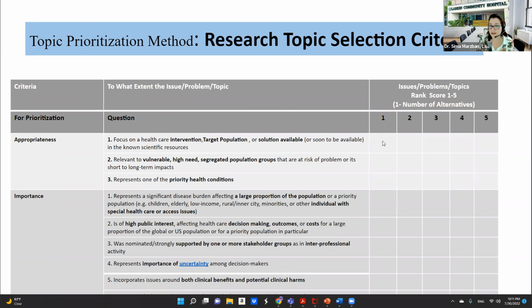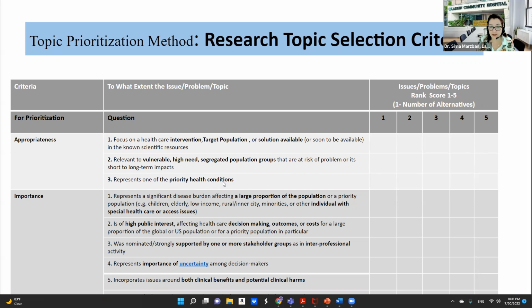If it replies with minimal information or importance, put 1. If it responds to these areas with the maximum potential, put 5. If it is relevant to a vulnerable, high need, segregated, underserved population group, put 5. If it is not relevant, put 1.